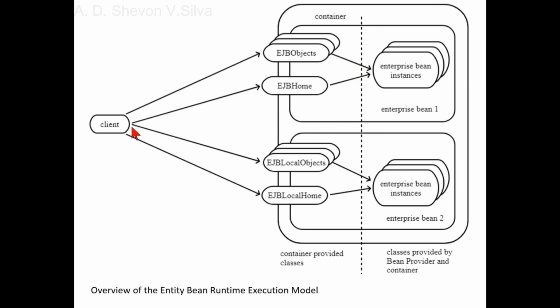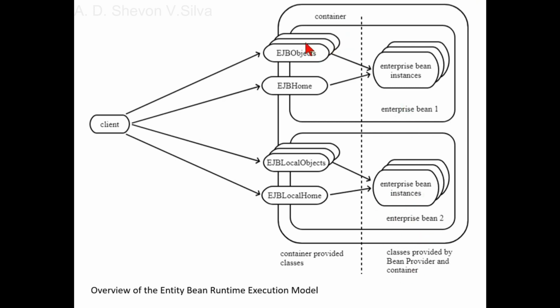Here the client is connected to EJB local home and EJB local objects. EJB local objects and EJB local home interact with the container and enterprise bean 2 here. EJB local objects and EJB local home are connected to enterprise bean instances here. Here the enterprise bean is assigned in enterprise bean 1 and the enterprise bean is assigned in enterprise bean 2.